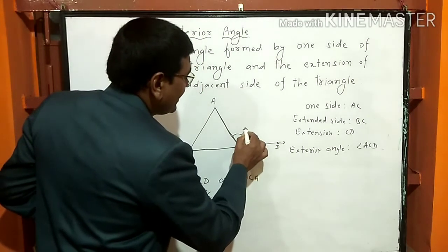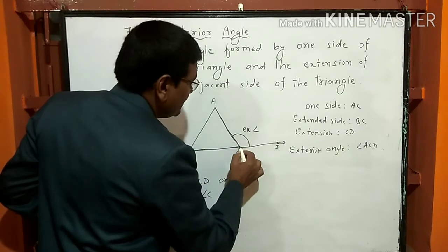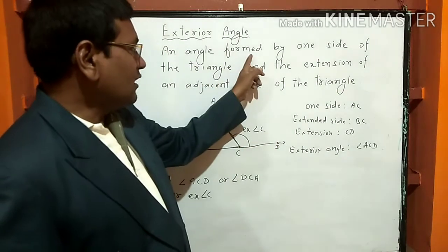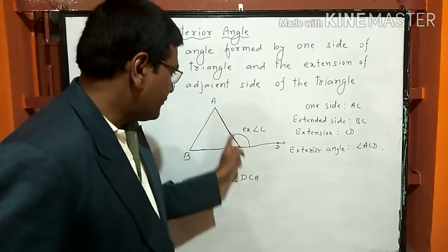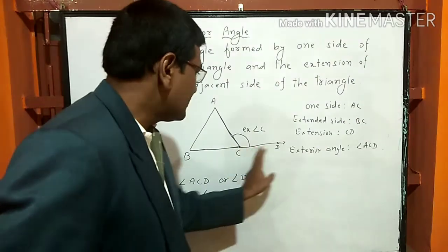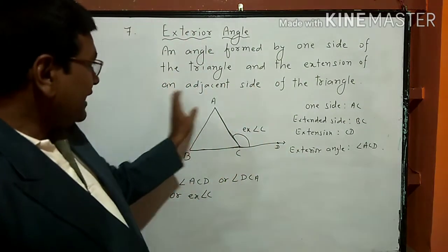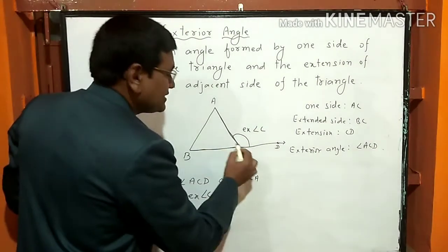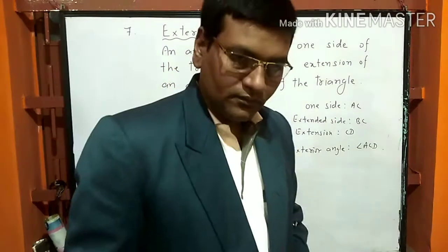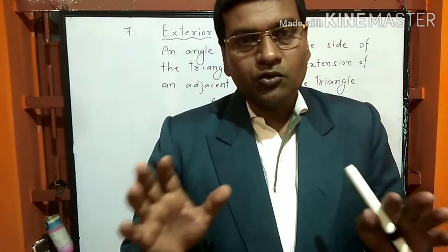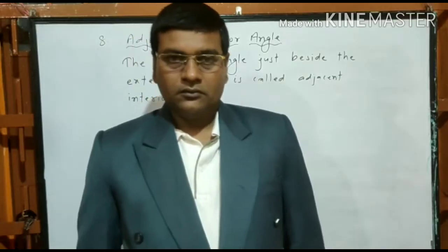This angle is called exterior angle C. An angle formed by one side of the triangle and the extension of an adjacent side. Side AC and side BC are adjacent sides. There are three vertices, so there are three exterior angles.